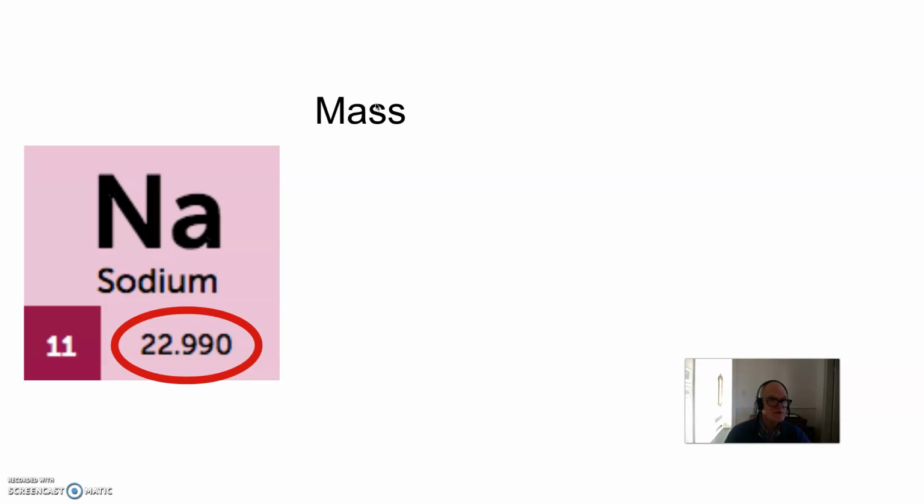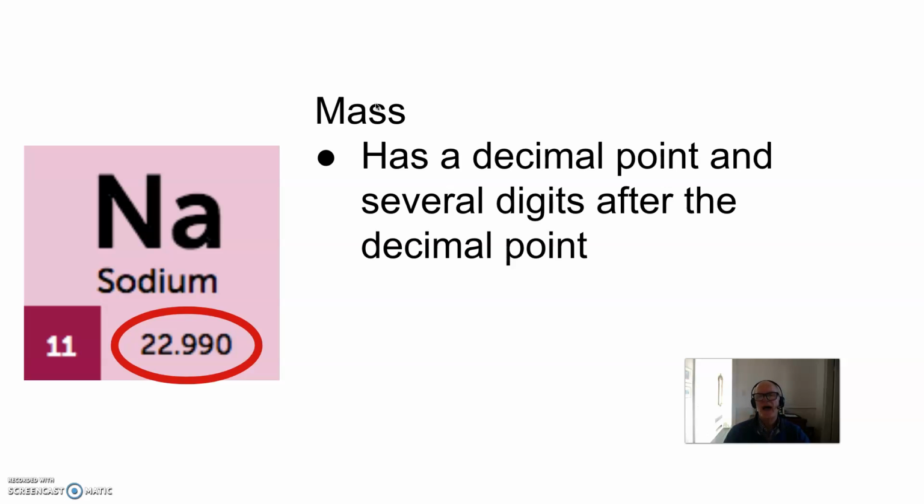Here's what we're really interested in, and that is the mass of the element. So the mass on the periodic table for an element usually does have a decimal point, and often there are several digits after the decimal point. That's how we can recognize which number is the mass. So this number is sometimes referred to as the atomic weight.